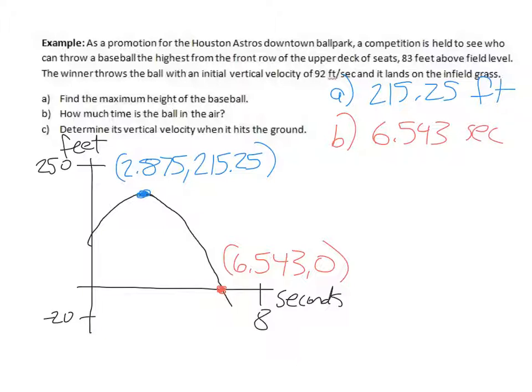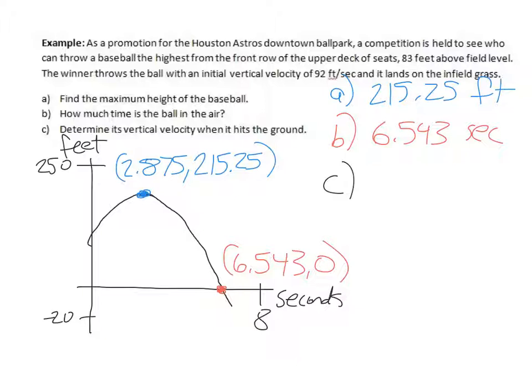Okay, the last part I think is kind of interesting. What is the velocity when it hits the ground? So that's when I'm going back to the formulas we wrote down initially and taking that time value of 6.543, which is a rounded answer, and plugging it into the velocity equation. If you have your calculators, there is a nice way of doing that, and I'll try to show you that in class, but basically I can tell it to program that value into the velocity equation.